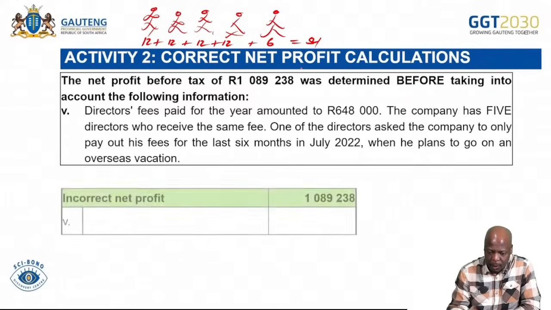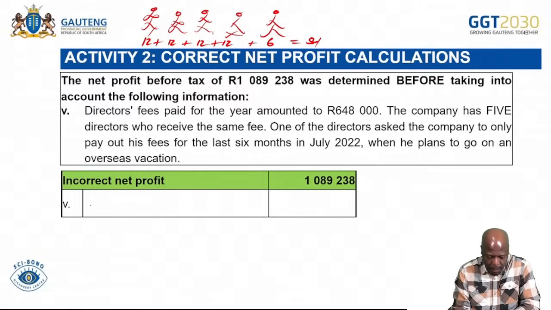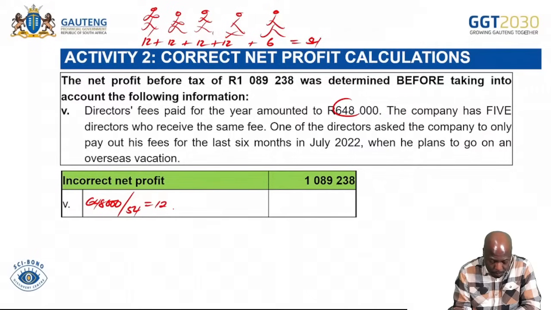So that simply means when we come here, we're now going to say on our director's fees, the amount that we have here, which is my 648,000. This is director's fees for 54 months. That means how much are we giving each director per month? How much is that going to be? 12,000. Is that true? All right. So we're giving each director 12,000 per month.